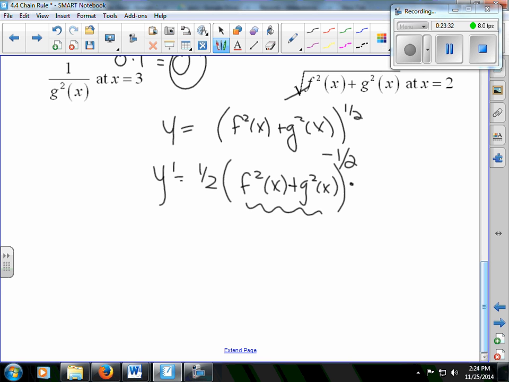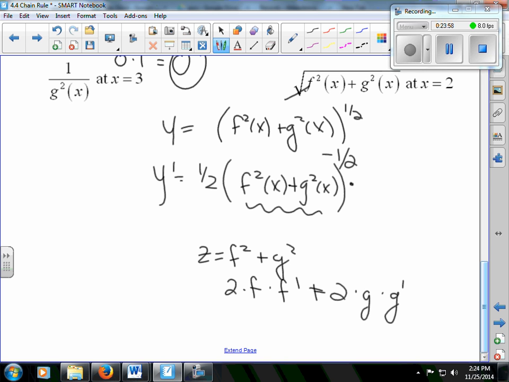Well, the inside is really weird. Let me call that, I don't know, z. F squared plus g squared. Well, the derivative of f squared would be 2 times f, but f itself has a derivative. That would be f prime. So this is like a triple chain rule. Now plus the derivative of g squared is 2 times g to the first power, and then multiply by the derivative of the inside.